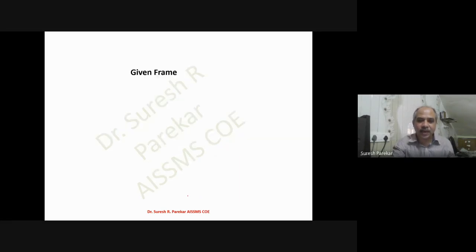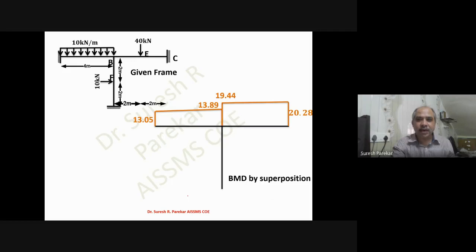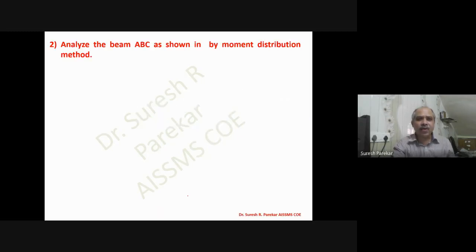You can see the bending moment diagram for this. We have plotted in the same fashion. Now WL square by 8 for your AB, and for your BC we have WL by 4. So we have it in this fashion, and here also WL by 4, and we will get the BMD by superposition.